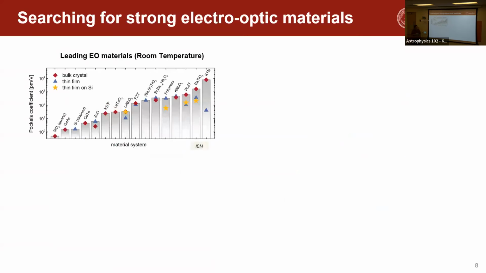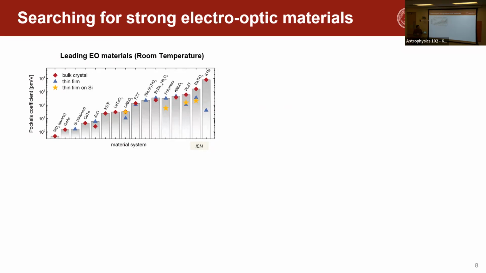And of course, the first step can be just to look at other leading systems that operate primarily at room temperature. And there is indeed a whole wealth of different types of materials, both bulk crystal, thin films, and also thin films on silicon.